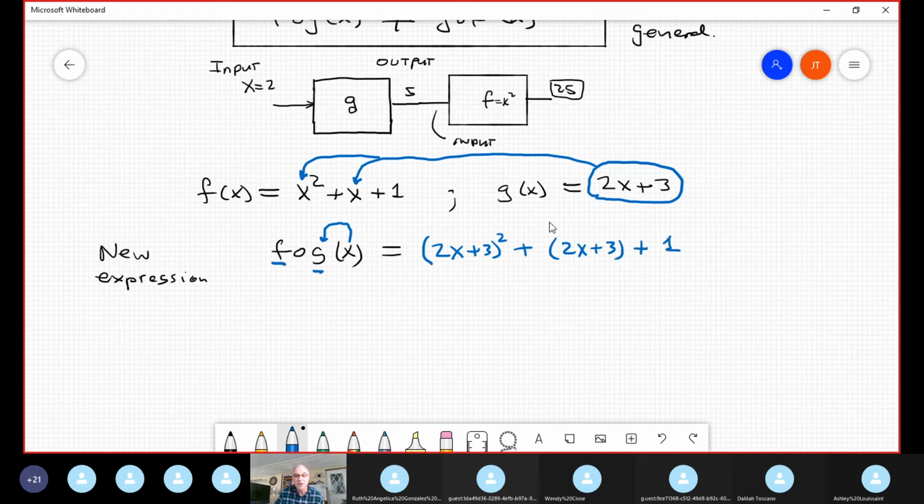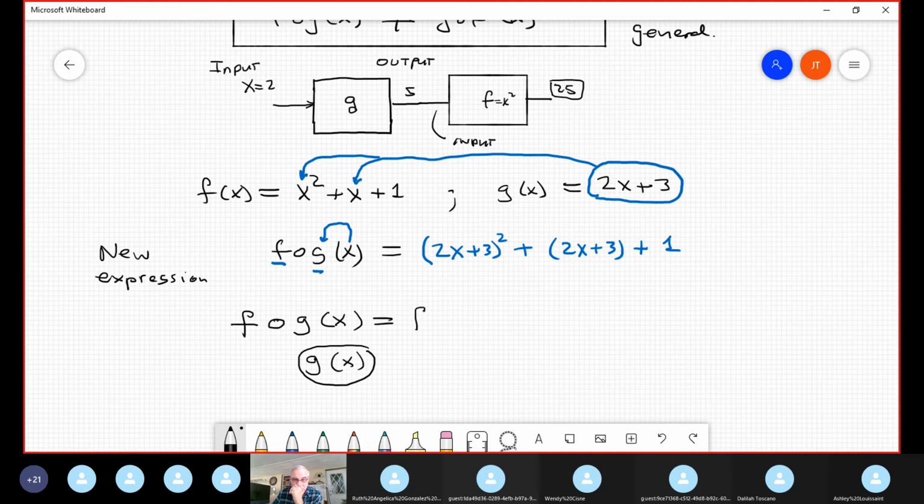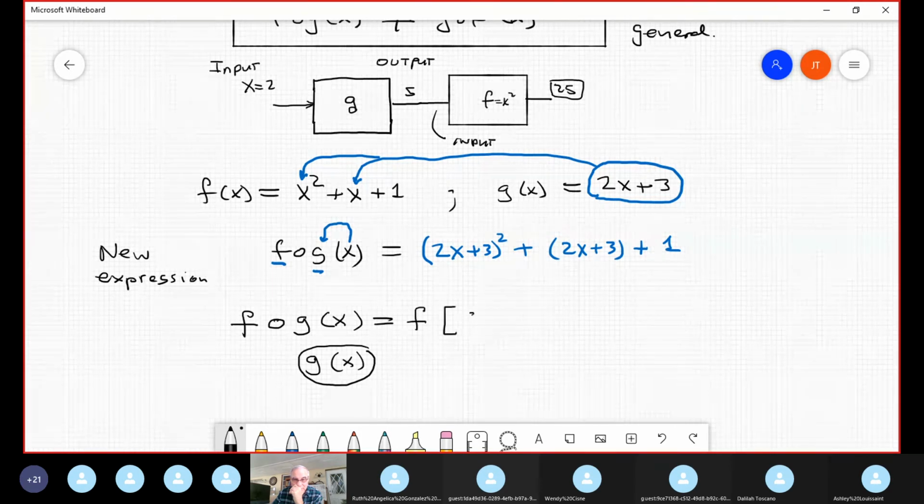Do you understand the thing I am doing or no? Okay. It's extremely important, the order. f composed with g of x. g is my first function. And this g completely goes inside f, like that.